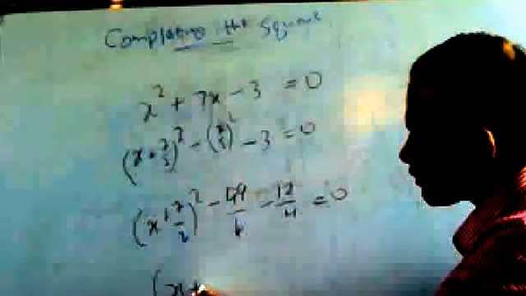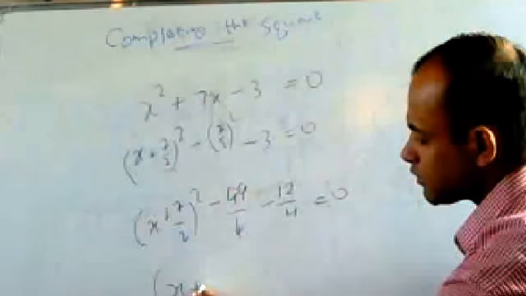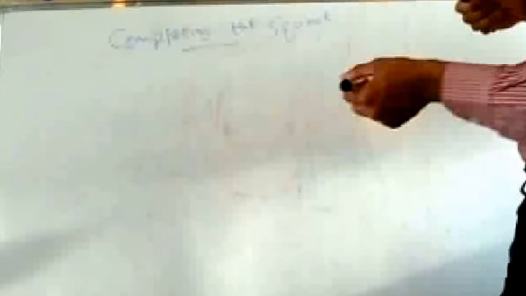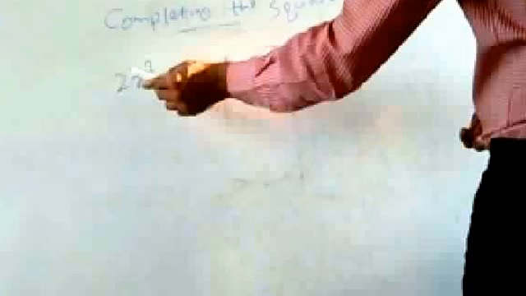In all these questions we've done so far, we had an x squared term to start with. So let's say we have 2x squared minus 3x plus 1 equal to 0. Now how do we complete the square here? This one actually factorizes, but obviously we are doing completing the square. So what you do is make this term x squared.